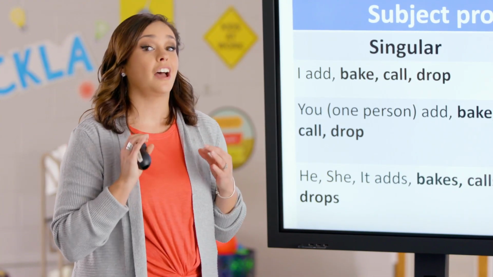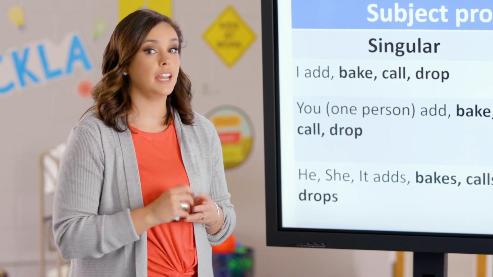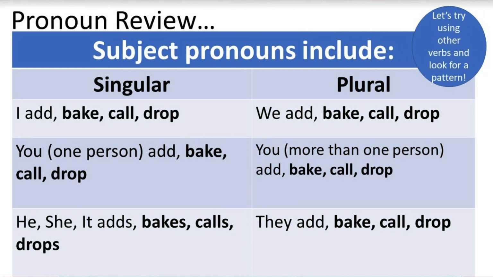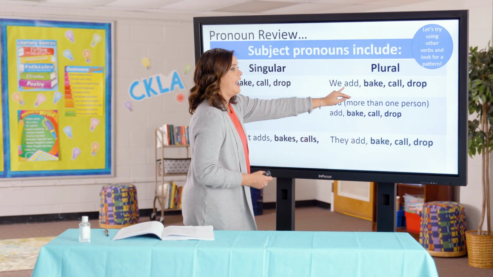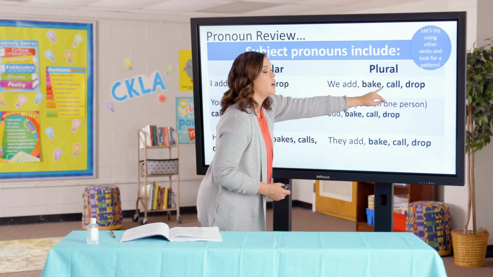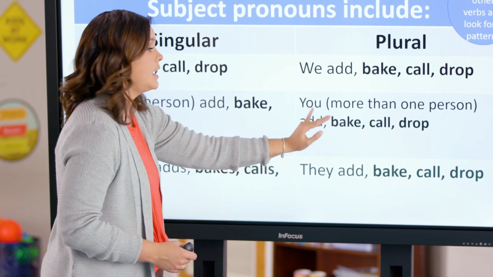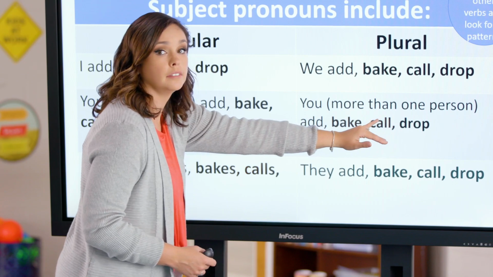Now let's take a look at other action verbs to see if the pattern continues with he, she, and it. I add, bake, call, drop. I bake, I call, I drop. That makes sense. You add, you bake, you call, you drop. We add, we bake, we call, we drop.